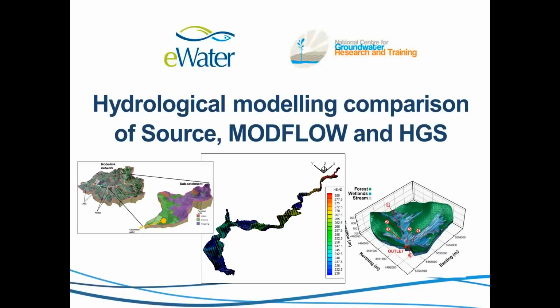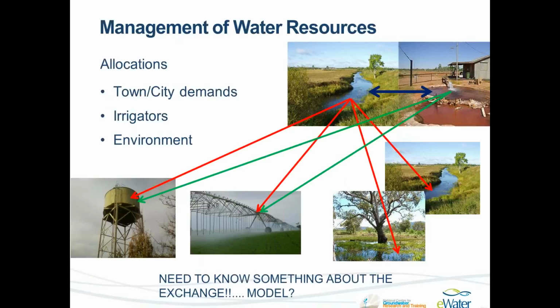So they're all fairly different models, and the motivation for this research comes back to how we manage our water resources. We have some bigger picture issues in terms of regional water balances and looking at our whole systems, how we allocate these things.